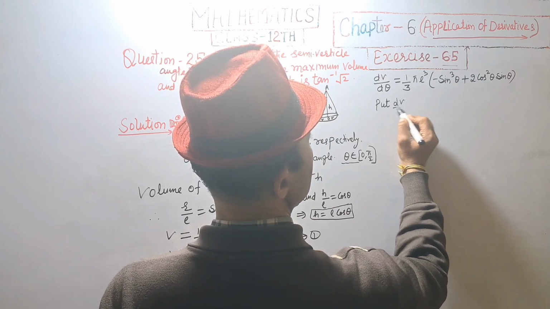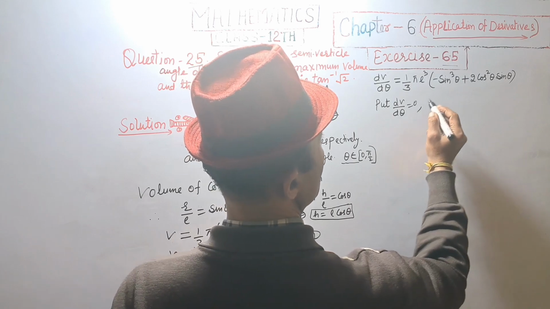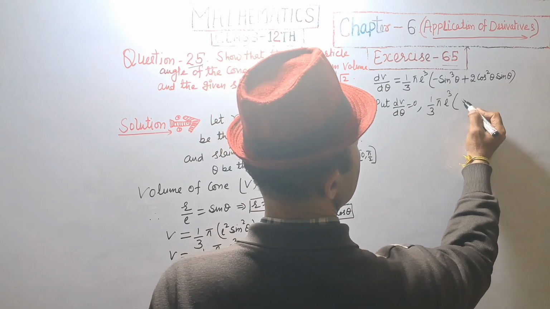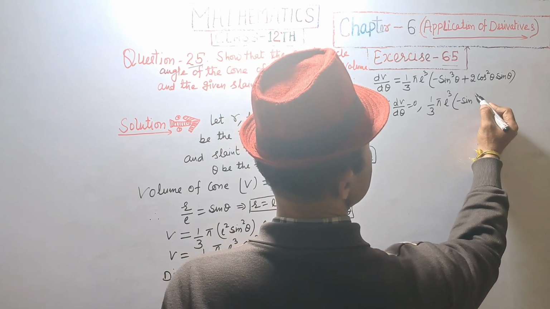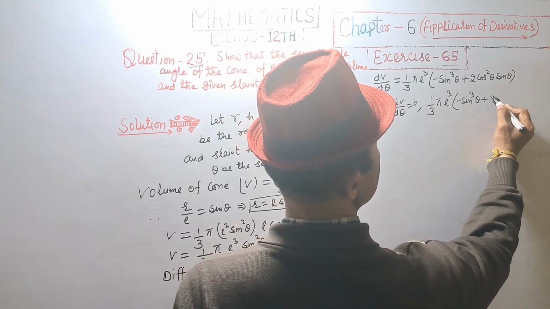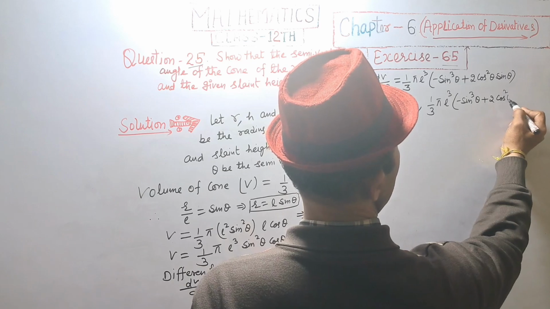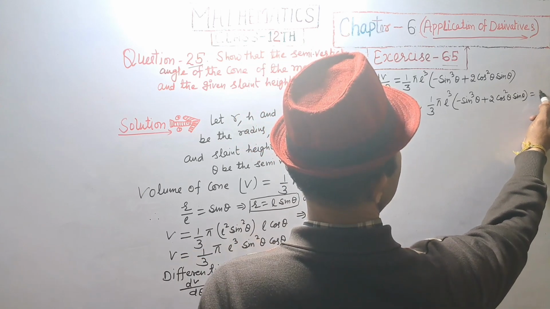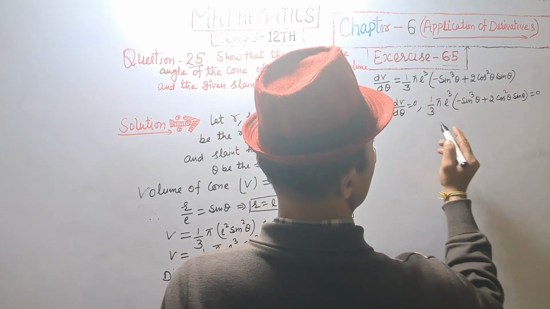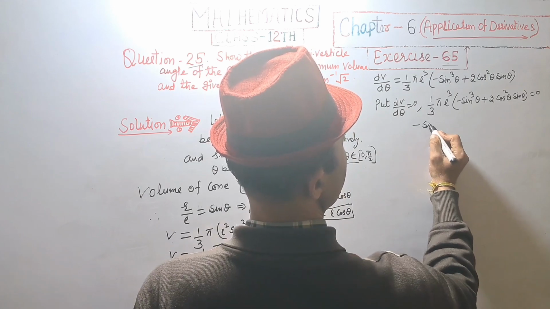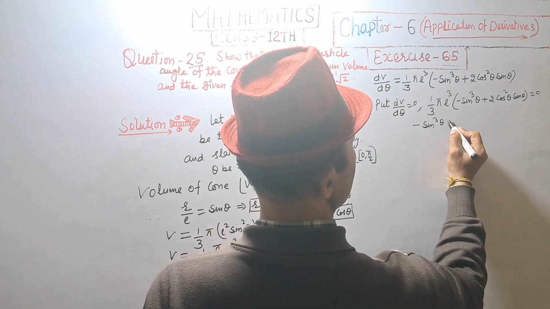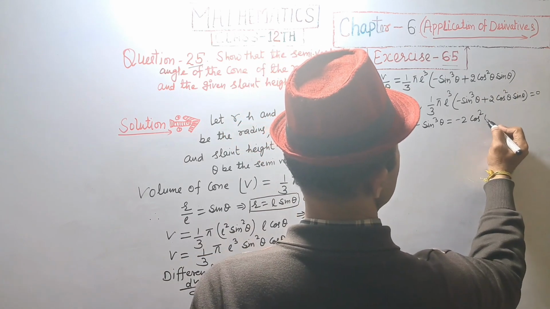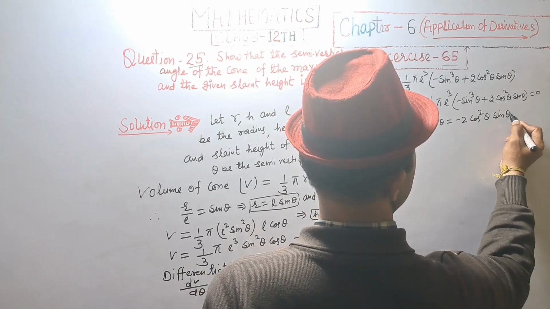Put dV upon d theta equal to 0. 1 upon 3 pi L raised to power 3 into minus sin cube theta plus 2 cos square theta sin theta is equal to 0. Constant will be 0, and minus sin cube theta is equal to minus 2 cos square theta into sin theta.